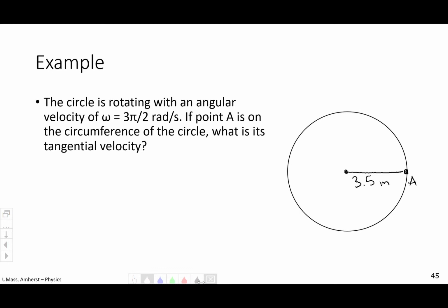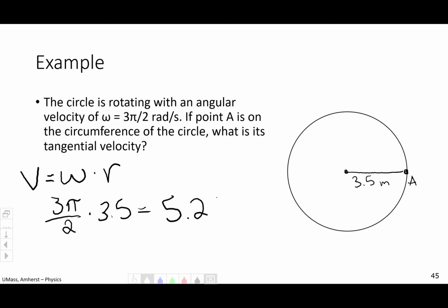So we're going to very simply say I know v is omega times r, so 3 pi over 2 times 3.5 meters equals 5.25 pi meters per second.